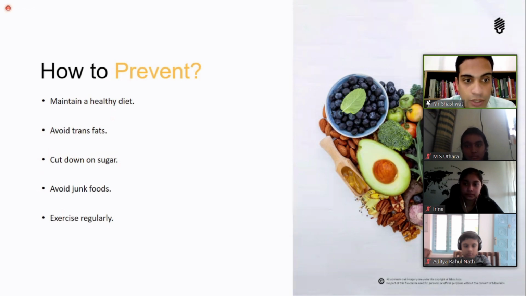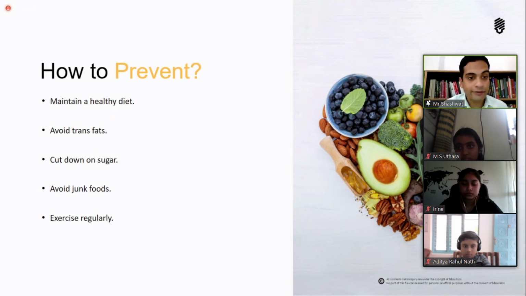The third thing is to cut down on sugar. There has been a lot of research going on across the world, especially with regard to white sugar, that it is more addictive than cocaine. Cocaine is a drug which is banned, and it is very addictive, but white sugar is more addictive than cocaine, and it's not good for your body.